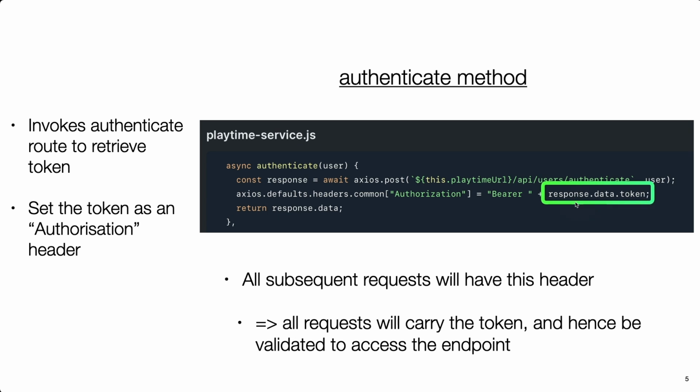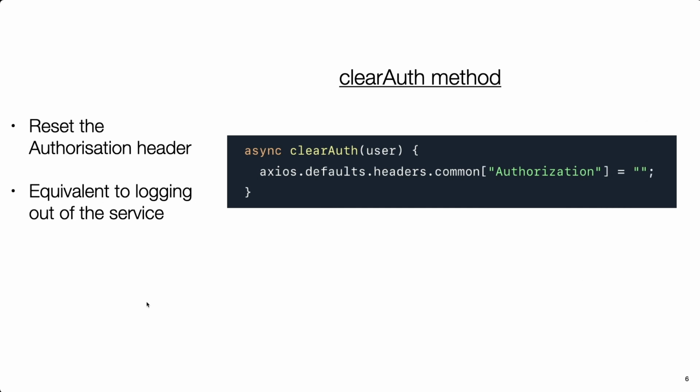And we install inside Axios for all subsequent requests the authorization header, bearer plus token. So this means that all subsequent requests now will include the token we got back from our authentication request. Clear auth would be a way we log out, so we would just reset it to blank.